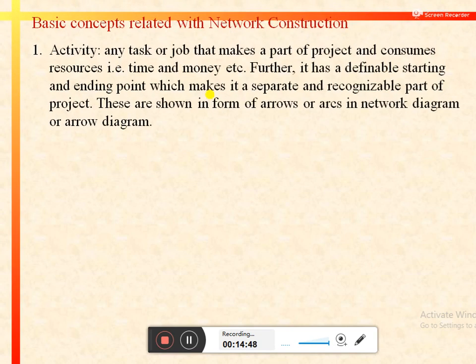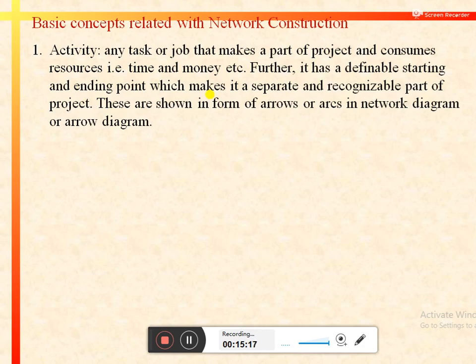So the first such basic concept is activity. Activity may be defined as any task or job that makes a feasible part or a visible part of a project and consumes significant amount of resources like time and money. Further, it has a definable starting and ending point which makes it a separate and recognizable part of the project.